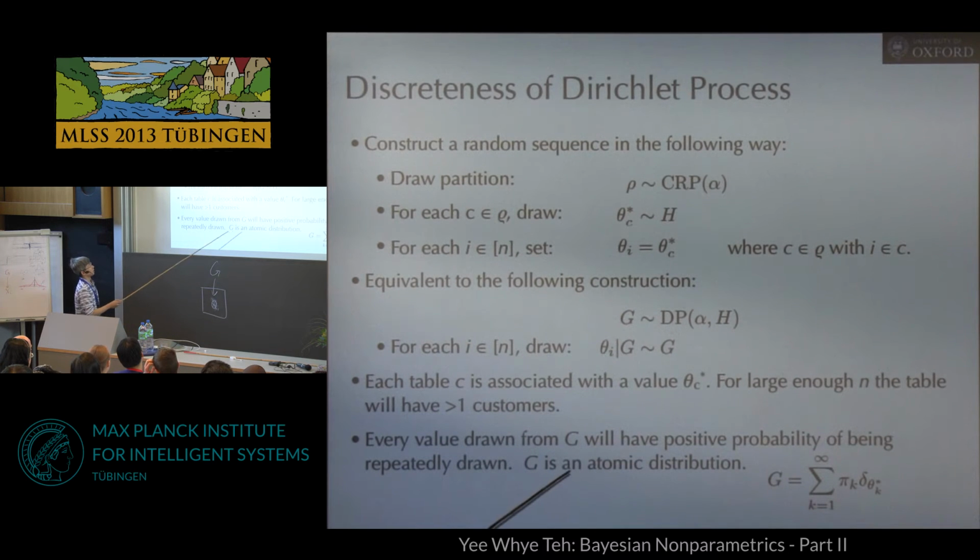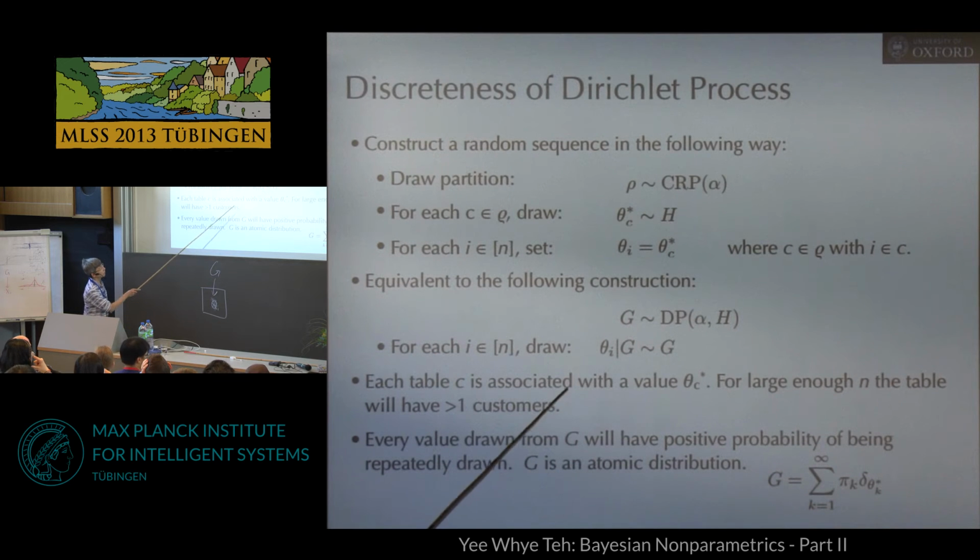And then conditioned on G, the theta i's are IID draws from G. Now, for every draw from G, there's going to be a positive probability that other draws take on exactly the same value.